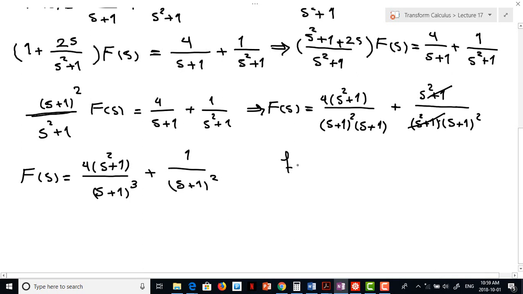Now, if you want to find f(t), you have to find Laplace inverse of F(s).